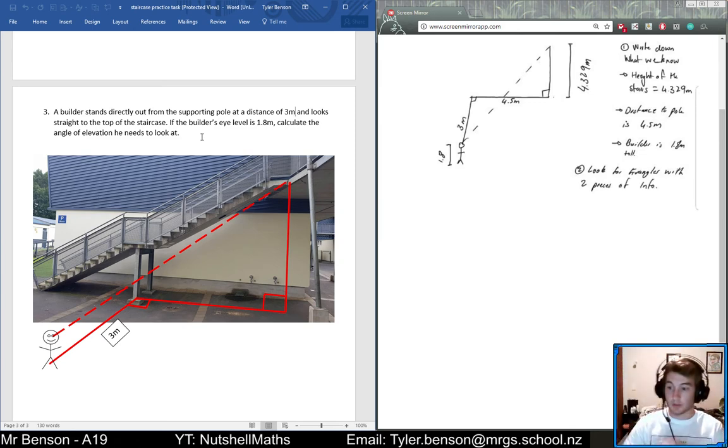What I mean by that is that if you have any 2 pieces of information about a right angle triangle, 2 lengths, or a length and an angle, you can find out every single bit about that triangle. If you have any 2 bits of information about a right angle triangle, you can find out every bit of information. Just need 2 for all of them.